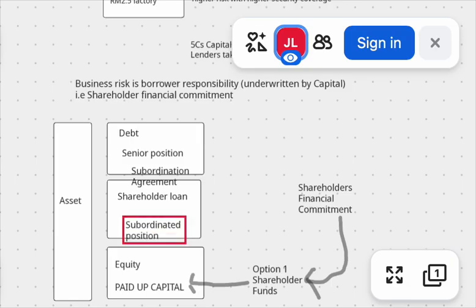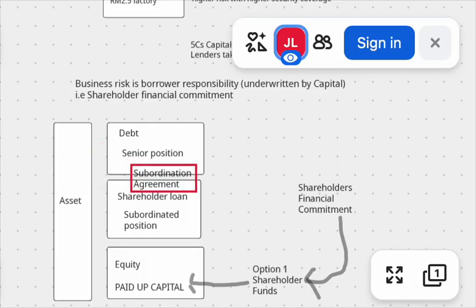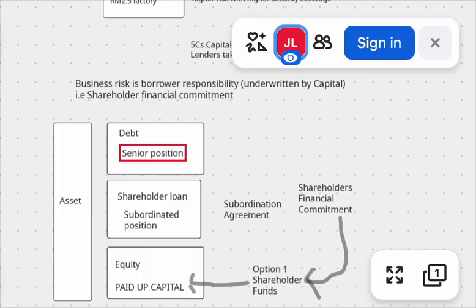So what happens in the subordination agreement is that the bank debt must be repaid first, before the shareholder loan.